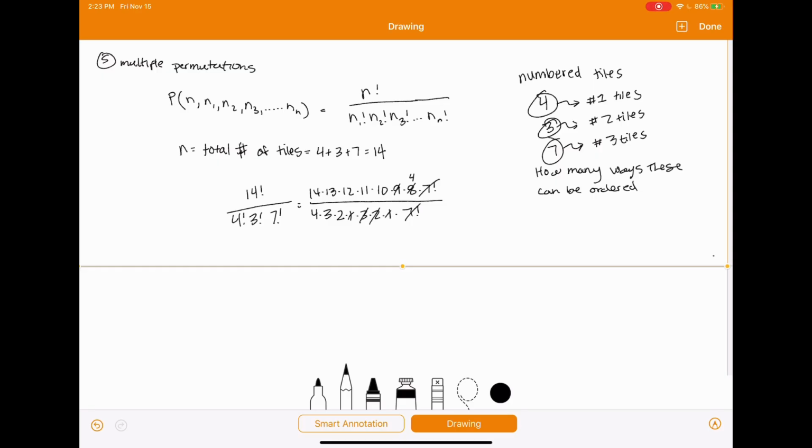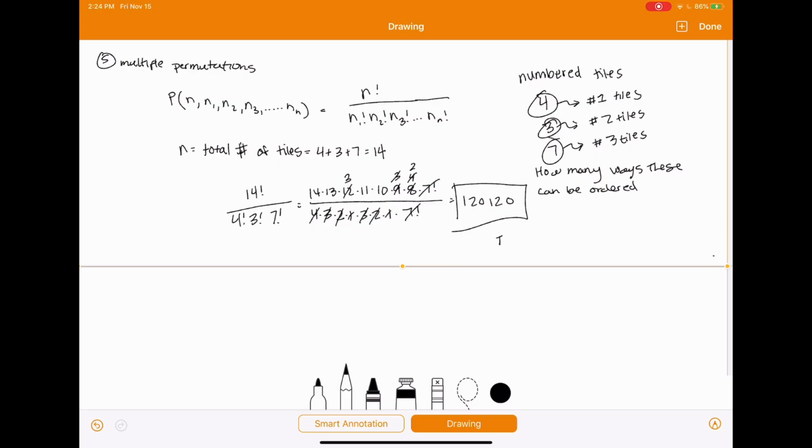We can reduce that, bring that to a 3. We can reduce that, bring it to a 2. We can reduce that. And let's see. 4, we can reduce that to a 3. So then if you multiply all that out, you're going to end up with 120,120 different ways those tiles can be arranged.